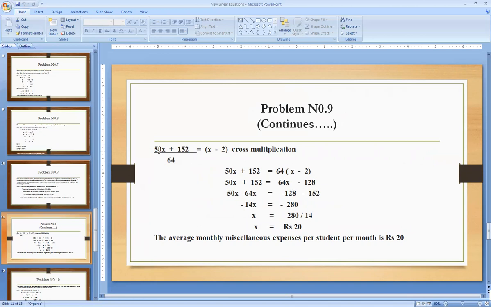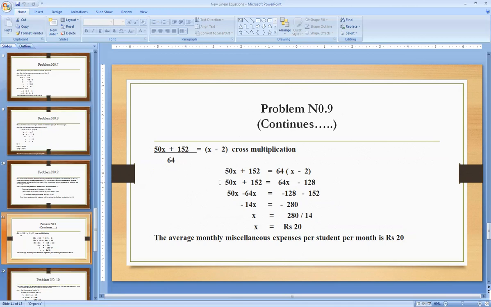It is nothing but 50x plus 152, which is the amount when the 14 students are increased. So it will be equal to each student's expense, where rupees 2 is getting reduced, that is x minus 2.